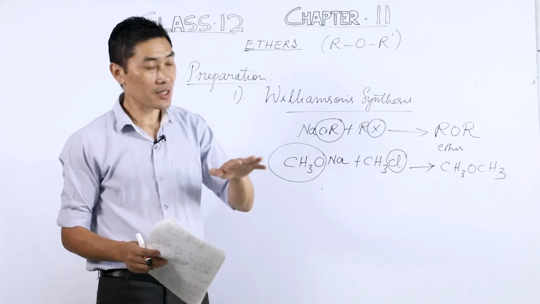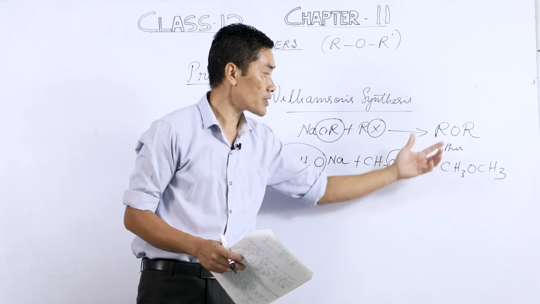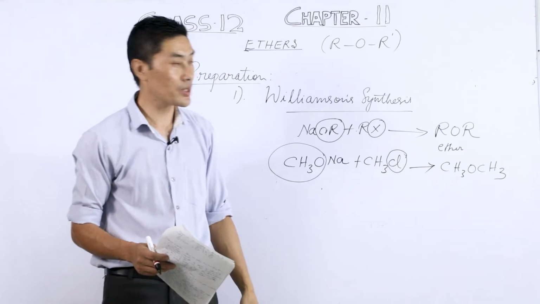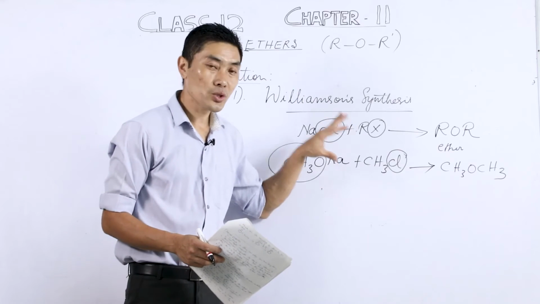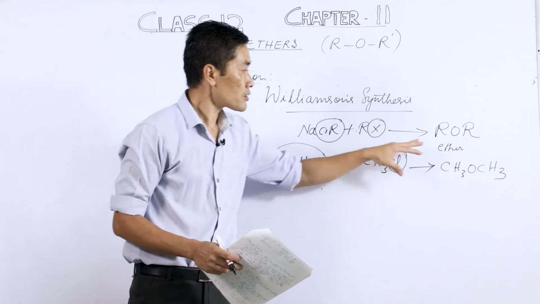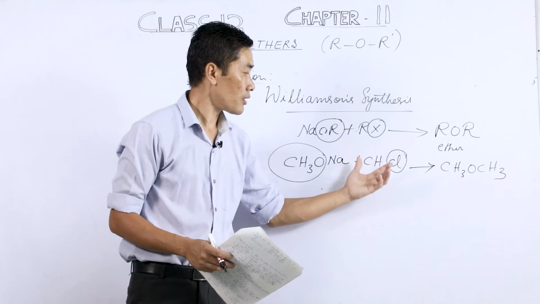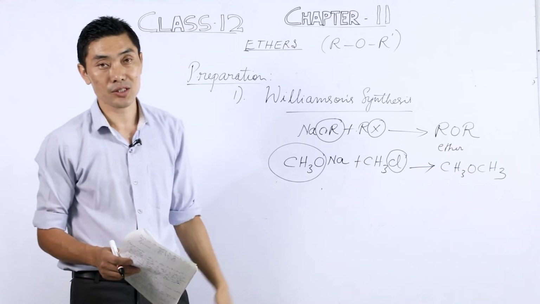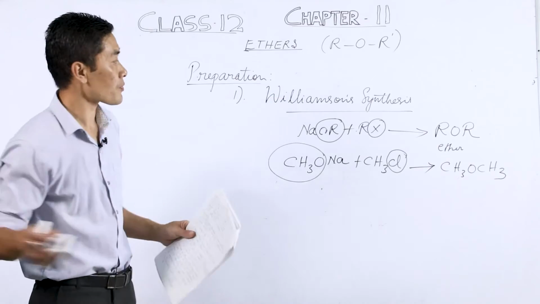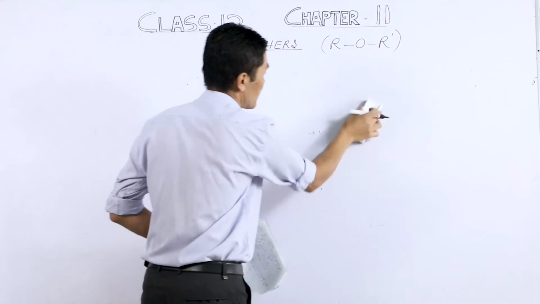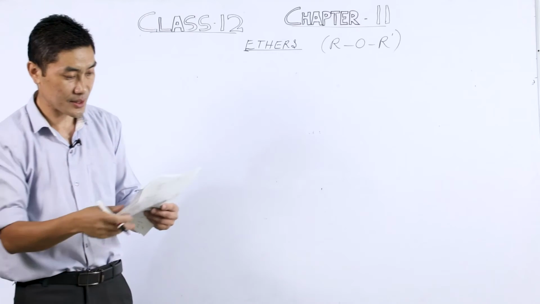If we use tertiary alkyl halides, we will obtain only alkenes, instead of ethers, and therefore this method is suitable for production of ethers from primary alkyl halides mostly. Secondary and tertiary alkyl halides are rarely used. So those are the methods that we can use for preparation of these ethers.